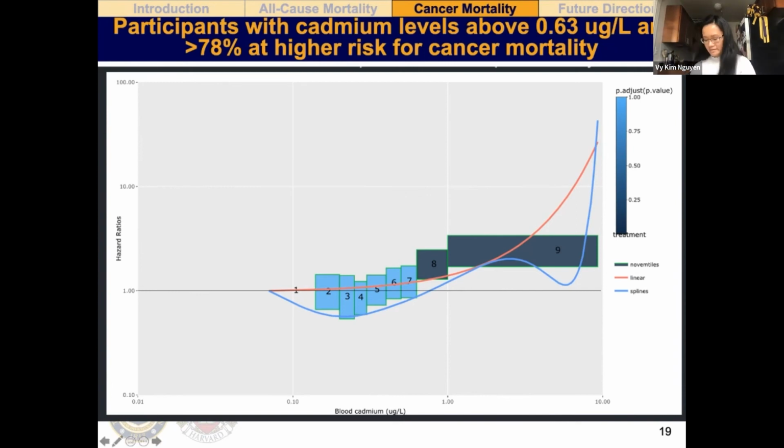So maybe I'll back up with this. They want to do more experiments to confirm whether this association, where blood cadmium is a causal factor of cancer mortality. Here we can only say it's an association.